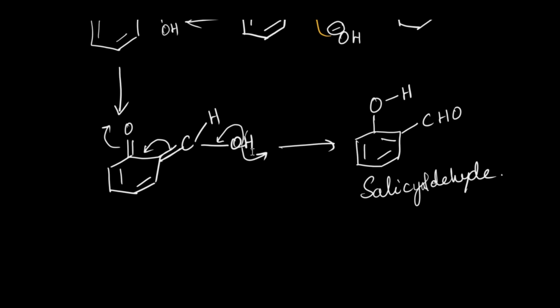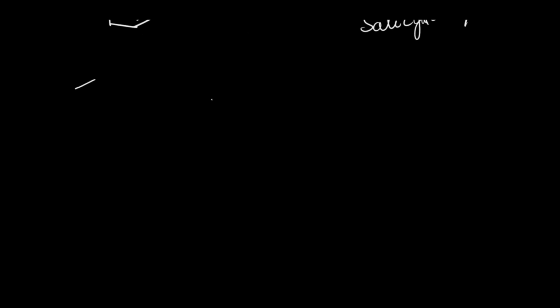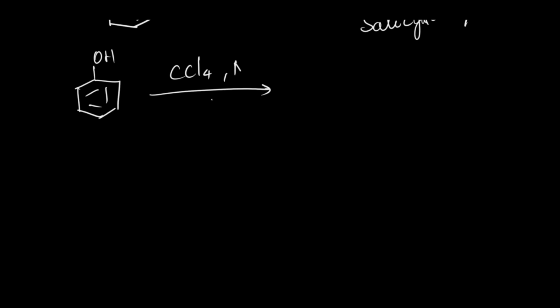Next we are moving on to the next important reaction, that is phenol with CCl4 and NaOH at 340 Kelvin with dilute HCl.